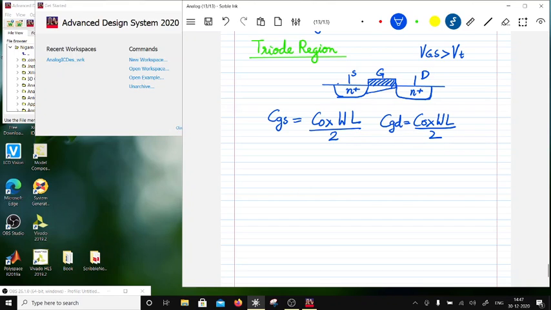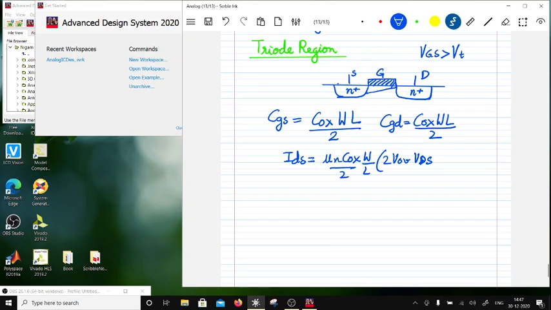Now when it comes to output resistance, that's going to be close to linear, because if you remember, I had written an equation, IDS is equal to mu n COX W by L times (twice V overdrive VDS minus VDS square) by 2.